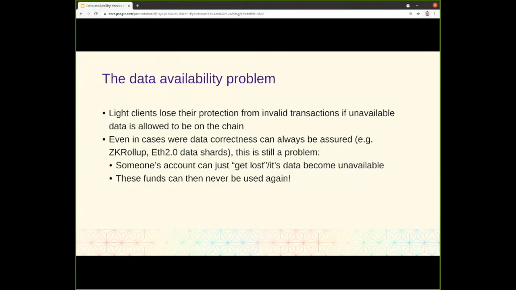But even in those cases, it's still a problem, because you could simply remove the data that someone now needs to access their account on chain. So you could, for example, add to someone's balance, which makes their witness invalid. So now technically they've got more money in their account, but they have completely lost any ability to access it. And that would mean these funds can never be used again.